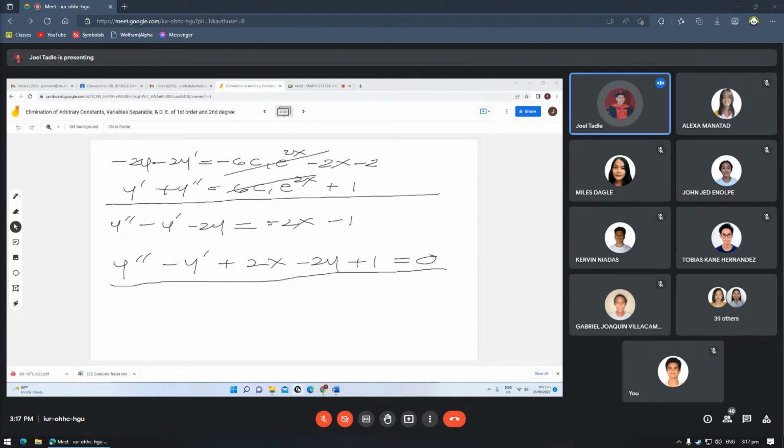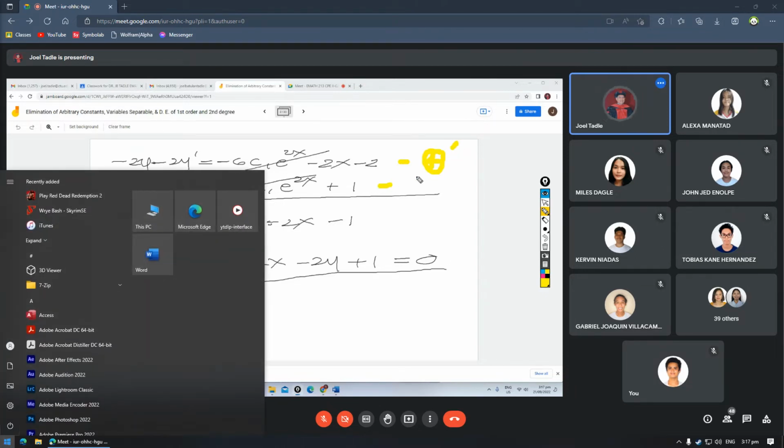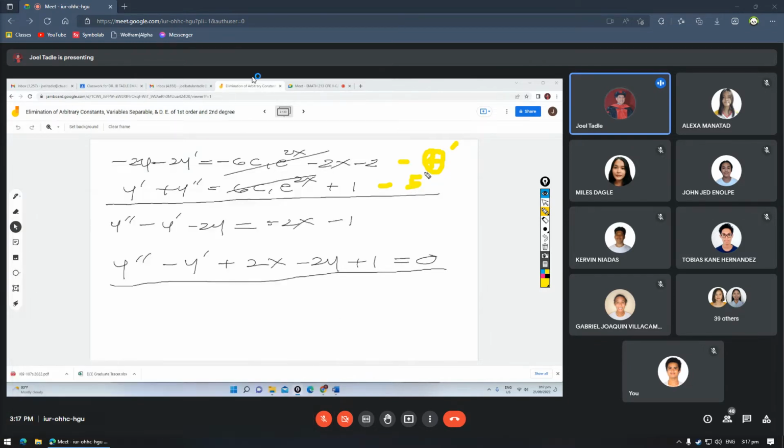Gikan siya sa equation number 4. So, tawgon na nato equation 4 prime. Kani siya equation number 5 ni.